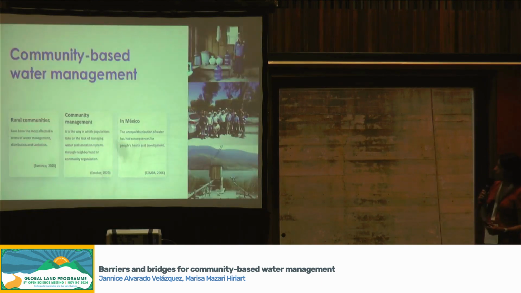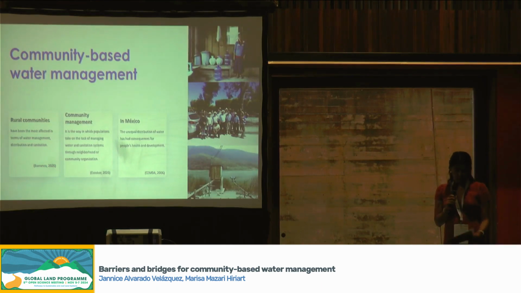Rural communities have been the most affected in terms of water management, distribution, and sanitation. Community management is the way in which the population takes on the task of managing water and sanitation systems through neighborhood or community organization. In Mexico, the unequal distribution of water has had consequences for people's health and development.